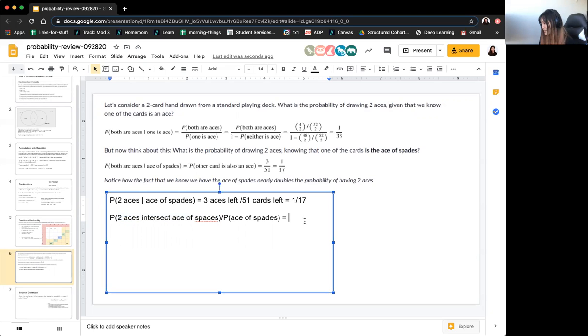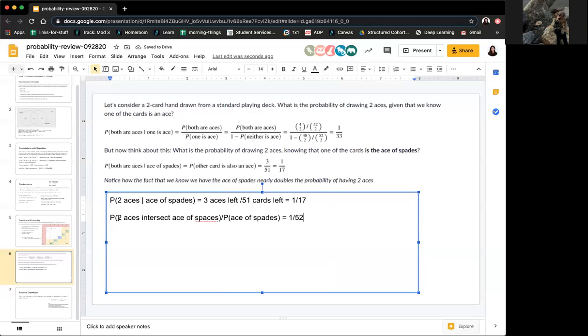So let me think. I would probably do it as getting the ace of spades is 1 out of 52. And so that is this part. And you want to multiply it by getting the ace of spades, which is this part.